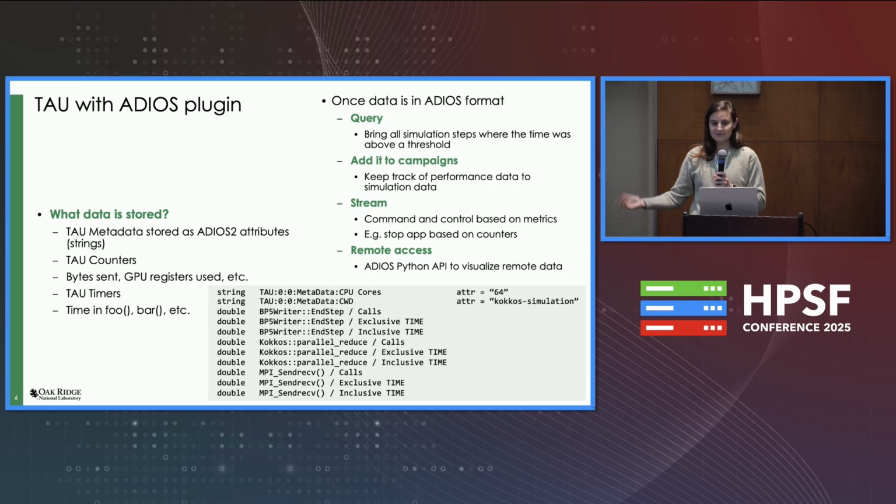And then once the data is in ADIOS format, you can basically query it so that you can bring only the loops of your application where the performance was below a certain threshold or above a certain threshold. You can add it to campaigns so that you organize it. For example, you attach performance to a run so that in the future you can look at all the runs that perform poorly and try to understand what you did wrong there. You can stream it in real time, and you can do this over the wide area networks as a remote access.